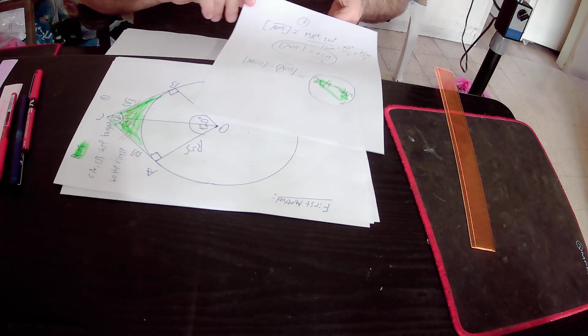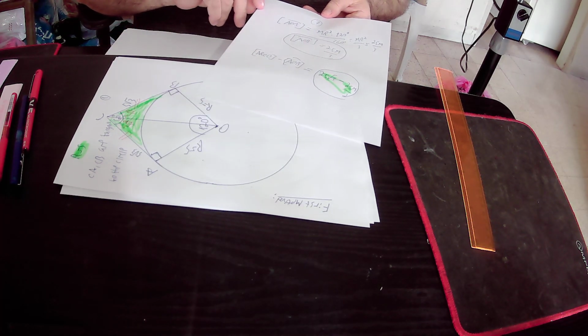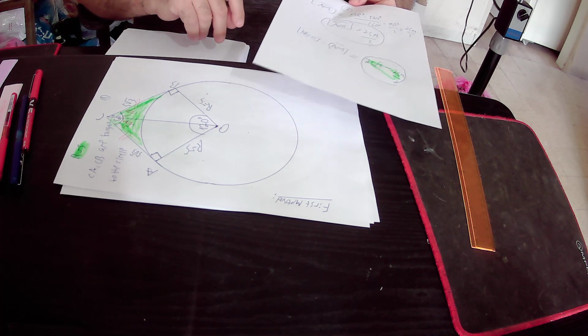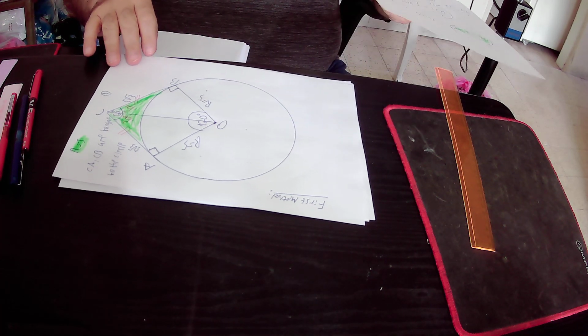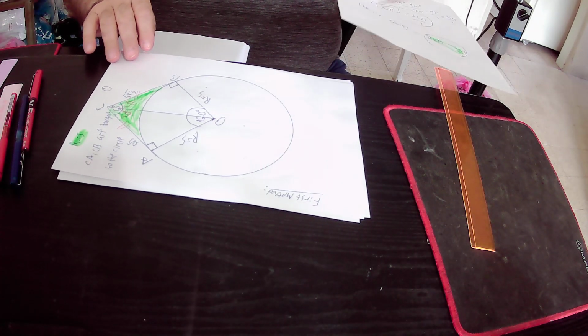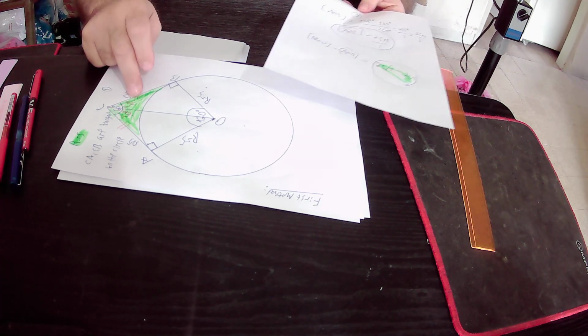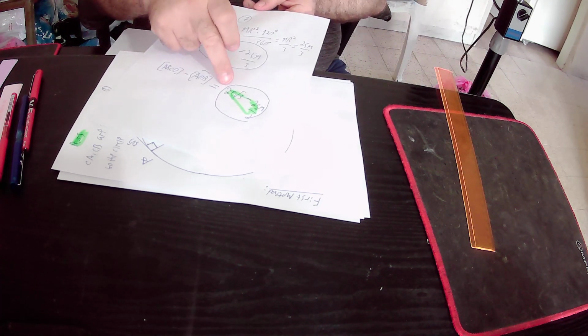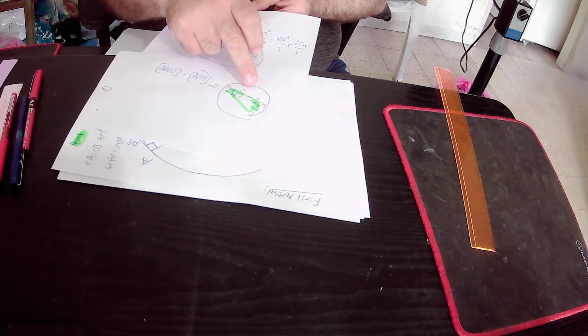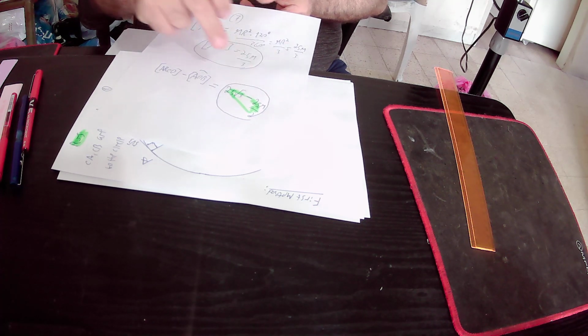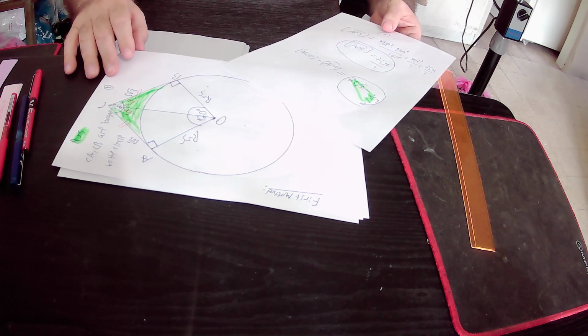So that was the first method to find out the area of the green shape that equals 25 times root 3 minus 25 pi over 3 square units.